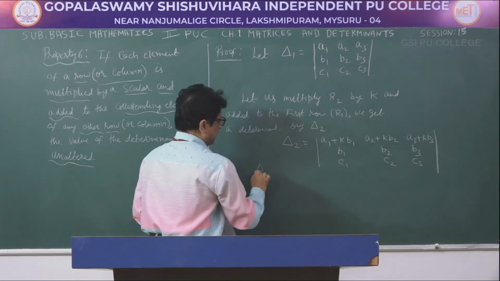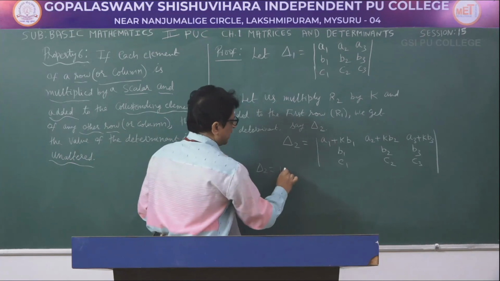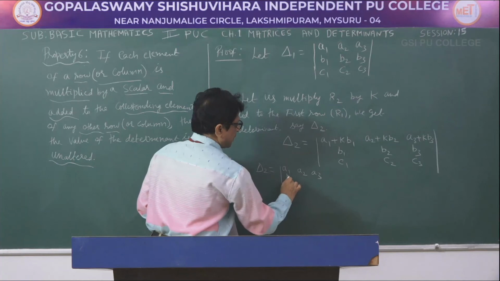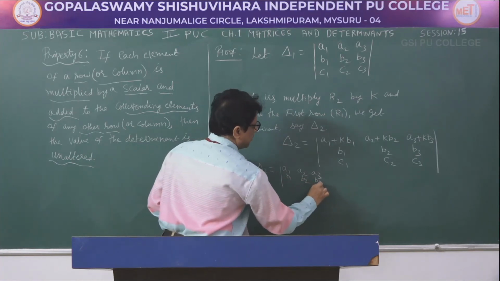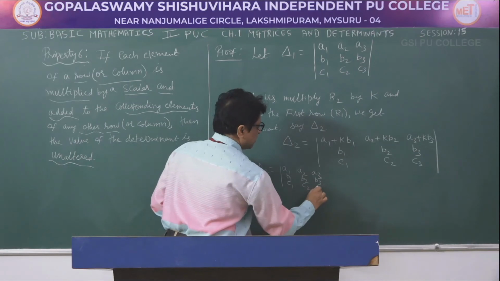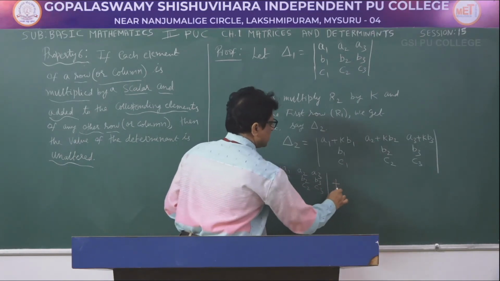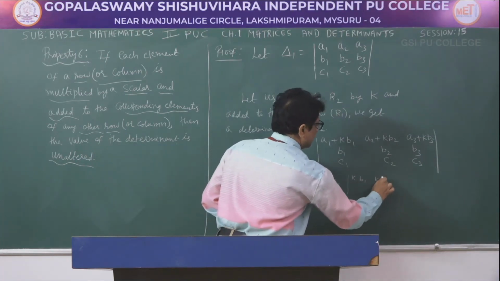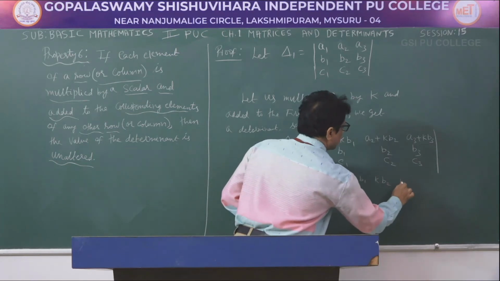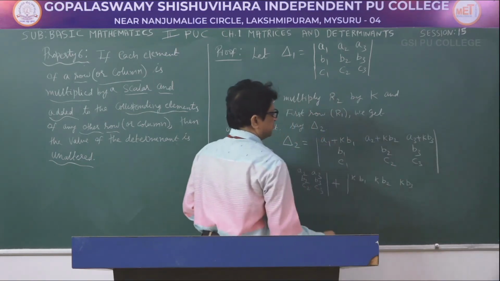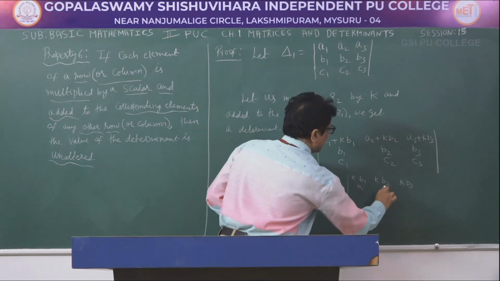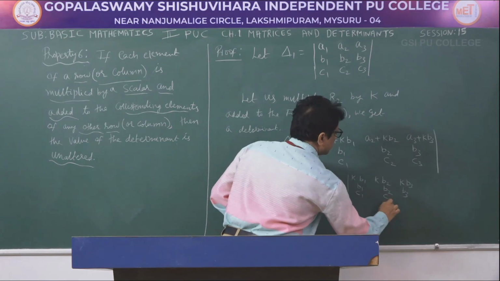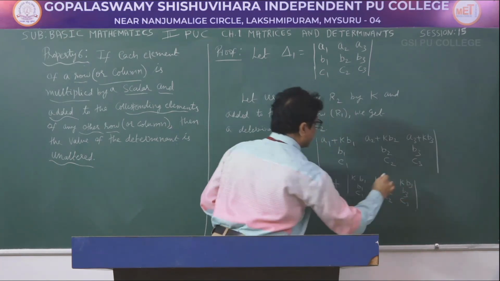That is, delta 2 is equal to the determinant of a1, a2, a3, b1, b2, b3, c1, c2, c3 plus the determinant of k b1, k b2, k b3, b1, b2, b3, c1, c2, c3.